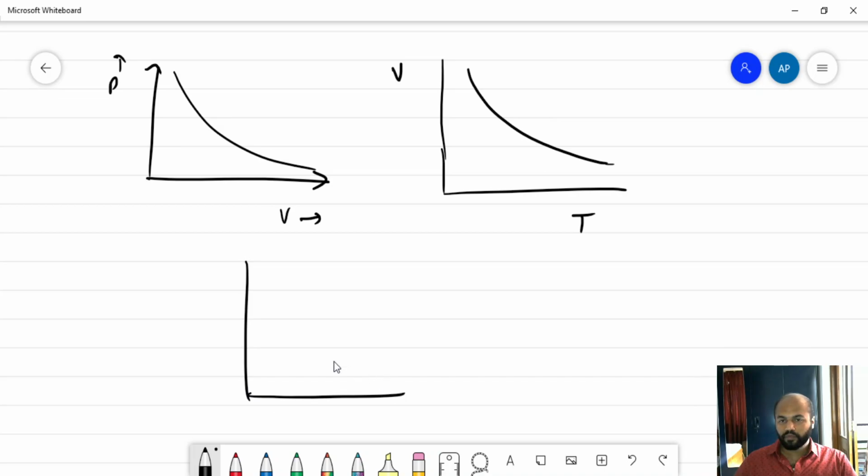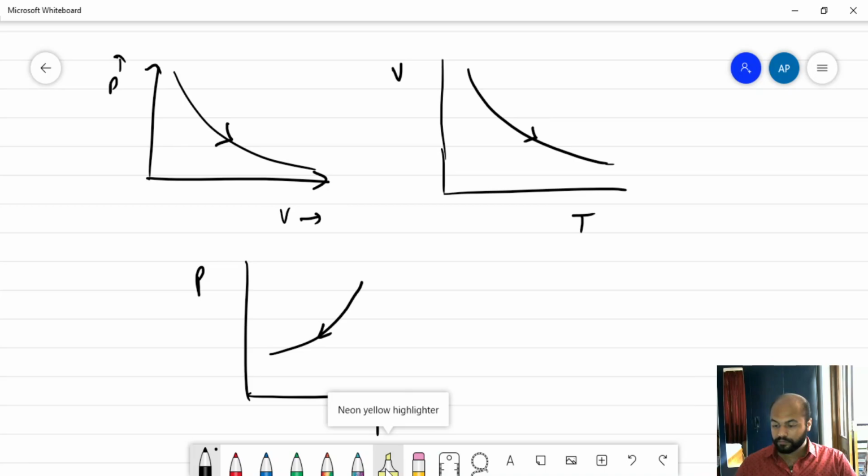However, if we would want to draw a temperature and pressure graph this way, then it is something like this. That is, this time the arrow is pointing downwards. Now these graphs are according to the relations that we have just obtained some time back. Let us take a few problems and try to understand the application of formulae.